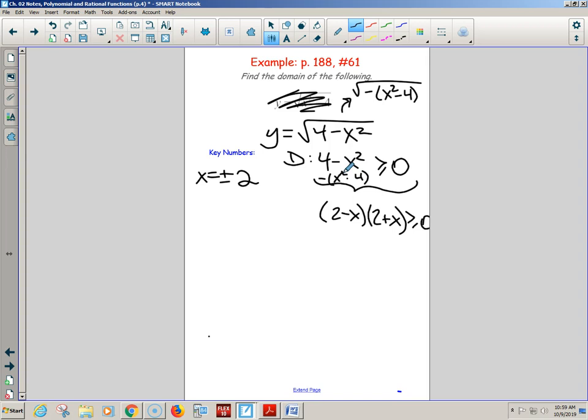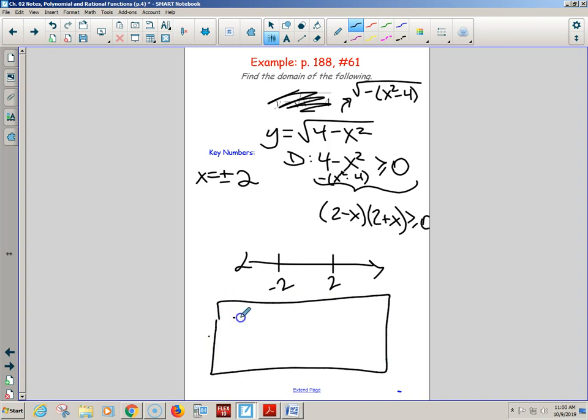Sophia? Oh, well, I haven't answered the problem yet. Hold on. Because we just have the key numbers. So if you're going to your number line, then we're going to have to check what's going on in this interval, that interval, and that interval. If you're going to your table, we have our negative infinity to negative 2, our negative 2 to 2, our 2 to infinity.